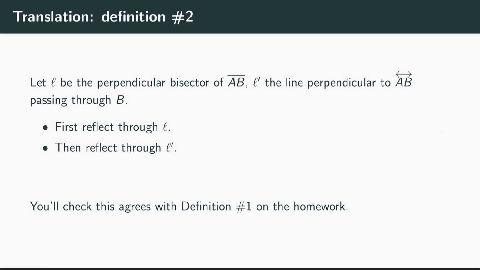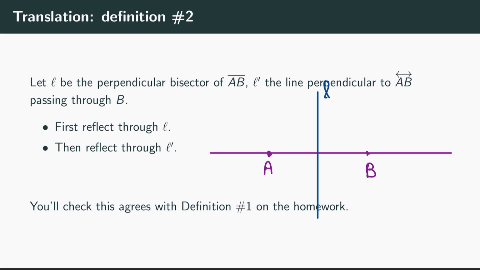Let's draw a little picture of what this means. Here I have my line AB. I have the perpendicular bisector L. The blue line L is the perpendicular bisector of the segment AB, and L prime is the line perpendicular to AB passing through B. What we do is first reflect through L, and then we reflect through L prime.